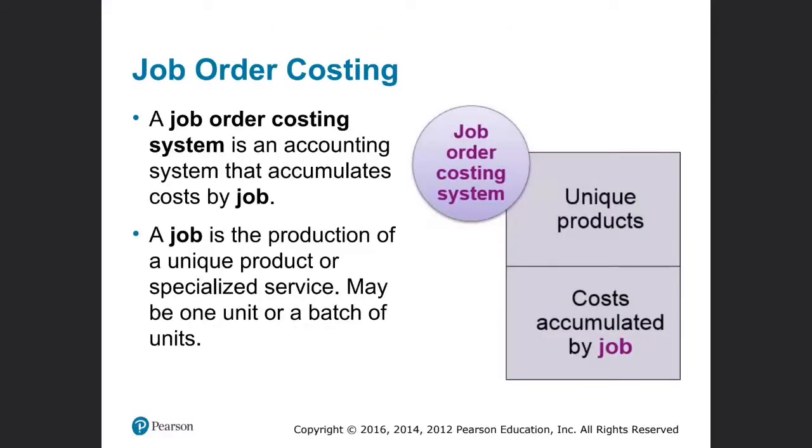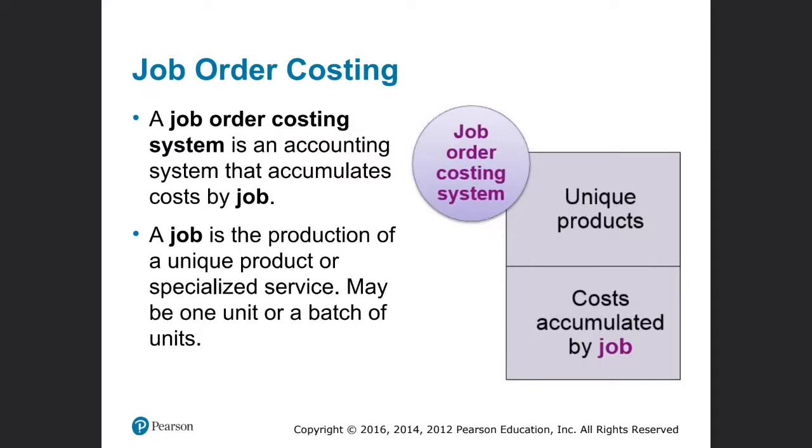So a job order costing system is an accounting system that accumulates the cost by the job. A job is the production of a unique product or specialized service. It could be one unit or it could be a batch of units. When you think of a construction company, a lot of times they track their business using a customer as a job.